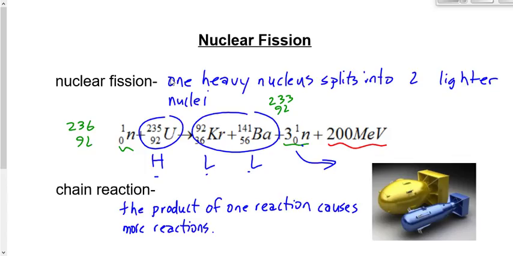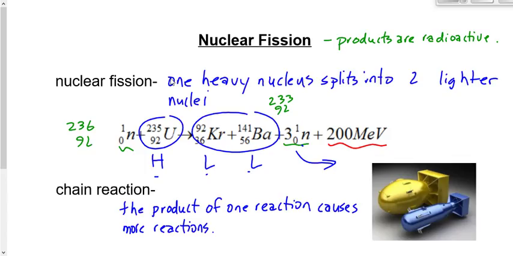Now, this nuclear fission reaction generates a lot of energy. Okay, that's a benefit from it, right? Especially in the context of a nuclear power plant. But the downside to it, or at least one of the downsides to it, is that the products are highly radioactive. So we get a fallout following an explosion, or we get nuclear waste following the production of electricity.